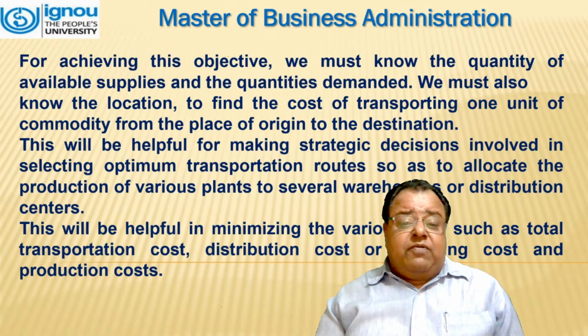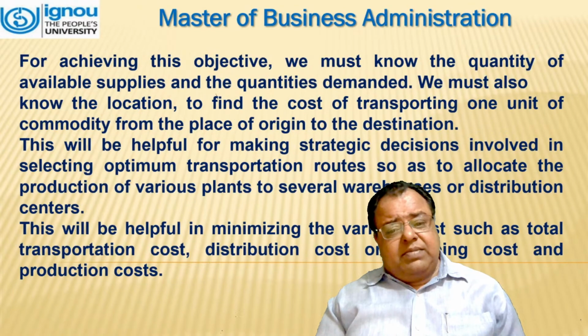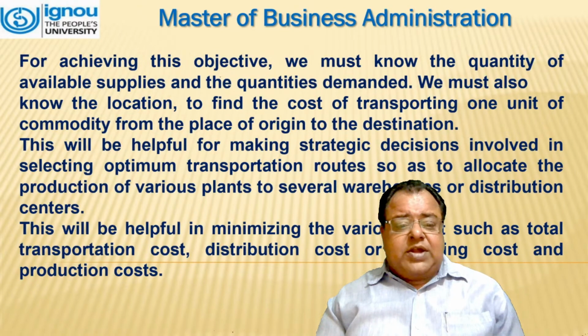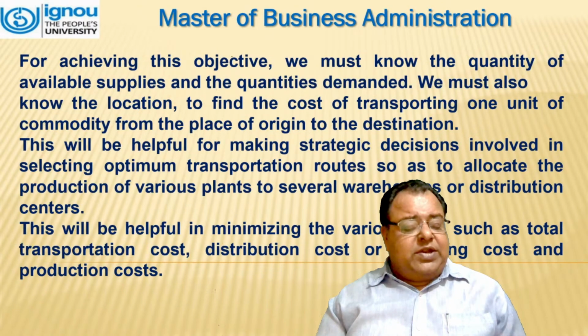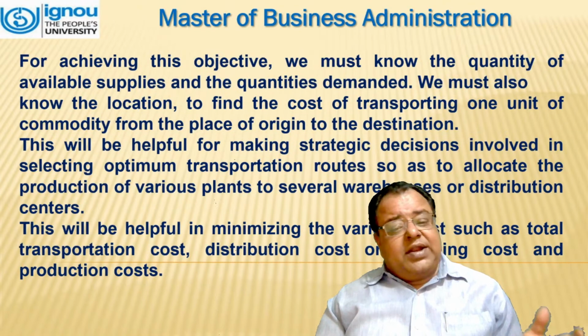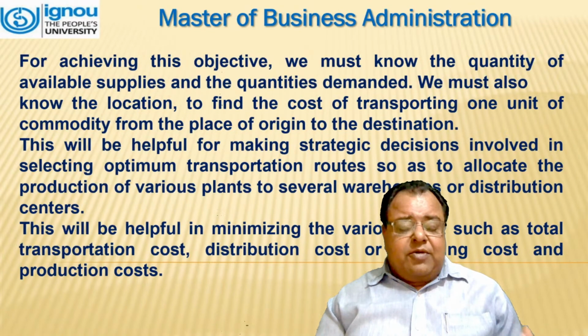This will be helpful for making strategic decisions involving selecting optimum transportation routes so as to allocate the production of various plants to several warehouses or distribution centers. This will be helpful in minimizing the various costs such as total transportation cost, distribution cost or shipping cost, and the production costs.